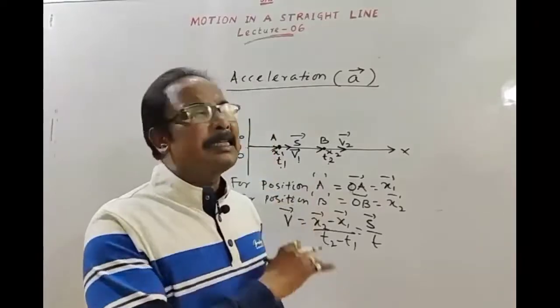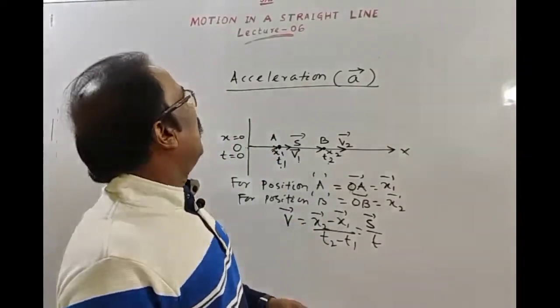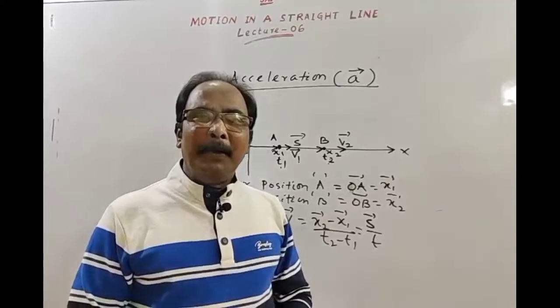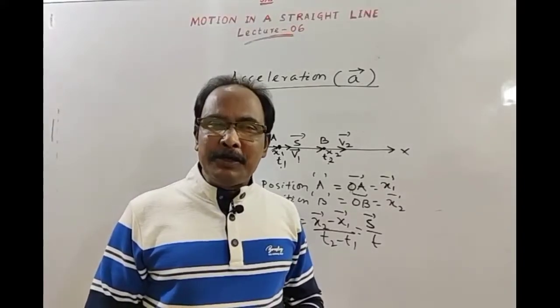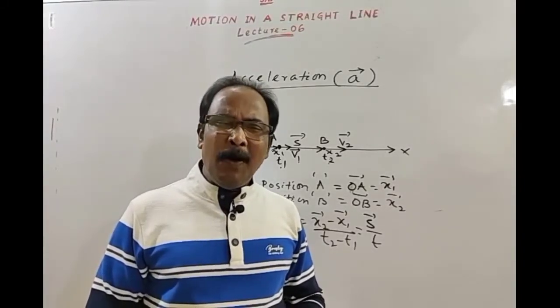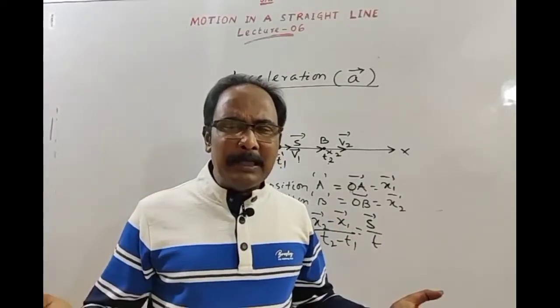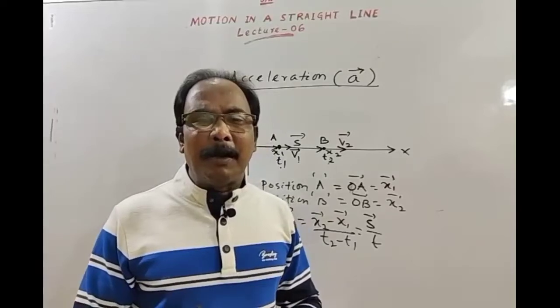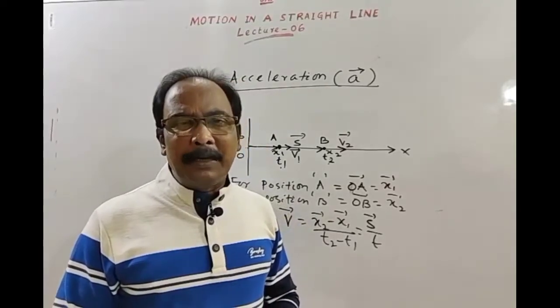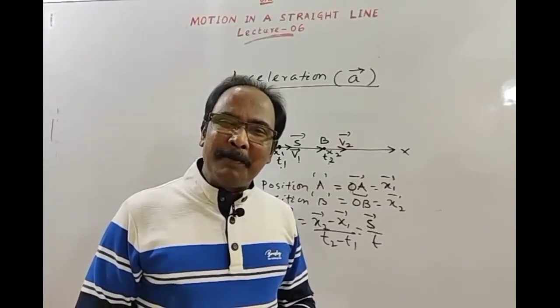See students, in this subject, under motion in a straight line, we will go through kinematics equations as we have discussed. All those equations you know, or you have already gone through them in your earlier standard: v equals u plus at, v squared equals u squared plus 2as.